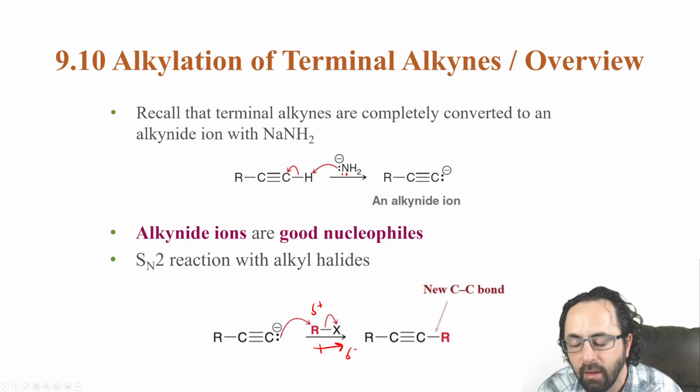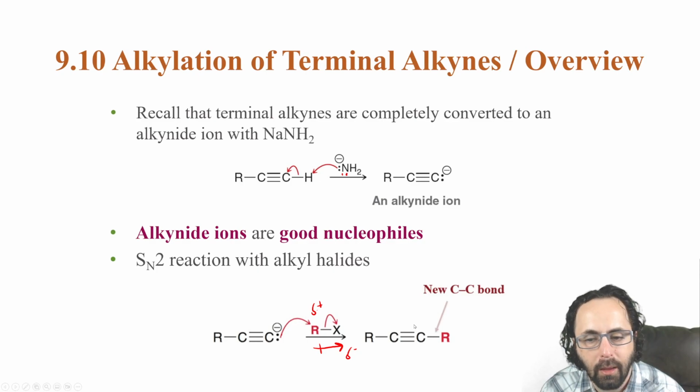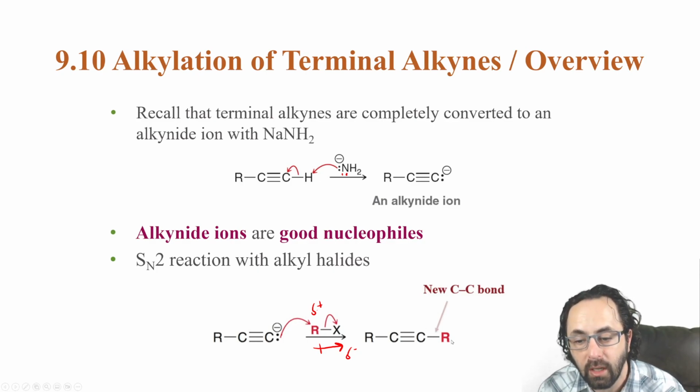It's basically just an SN2. And now we add this whole alkyl group. All of these carbon atoms are now added as a chain on the end of our alkyne. And that is our first way that we have of producing a longer carbon chain with more carbon atoms. We react an alkyl ion with an alkyl halide.